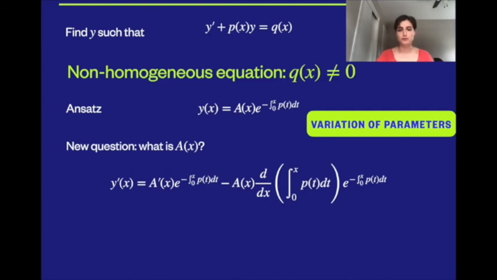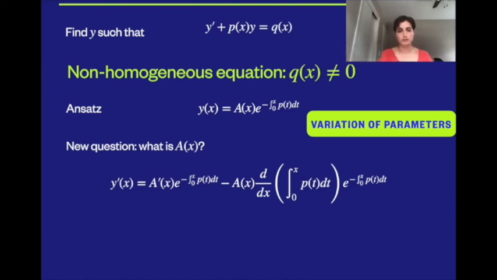The first thing we want to do is try to plug our ansatz for y into the first equation that we have. So we develop what is y prime with our ansatz. This is a function of a and p, so it's a prime e to the minus the integral of p(t) dt.